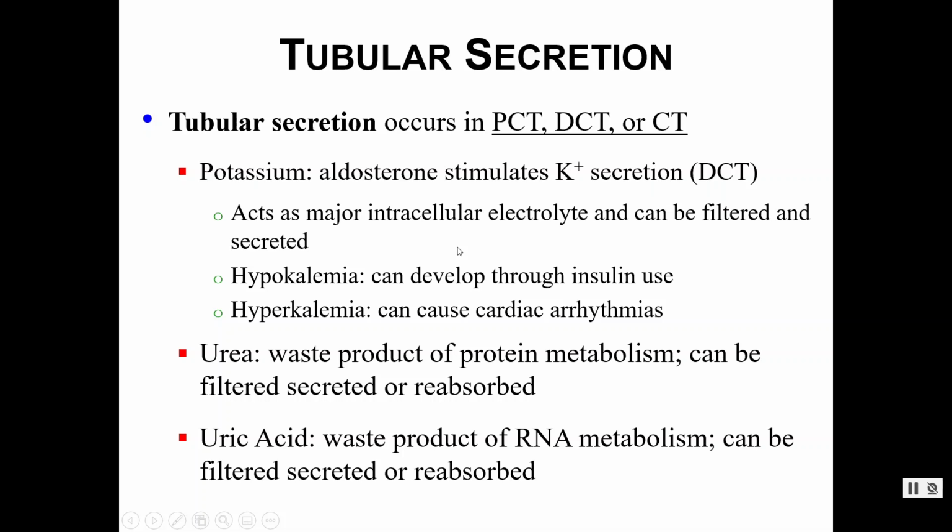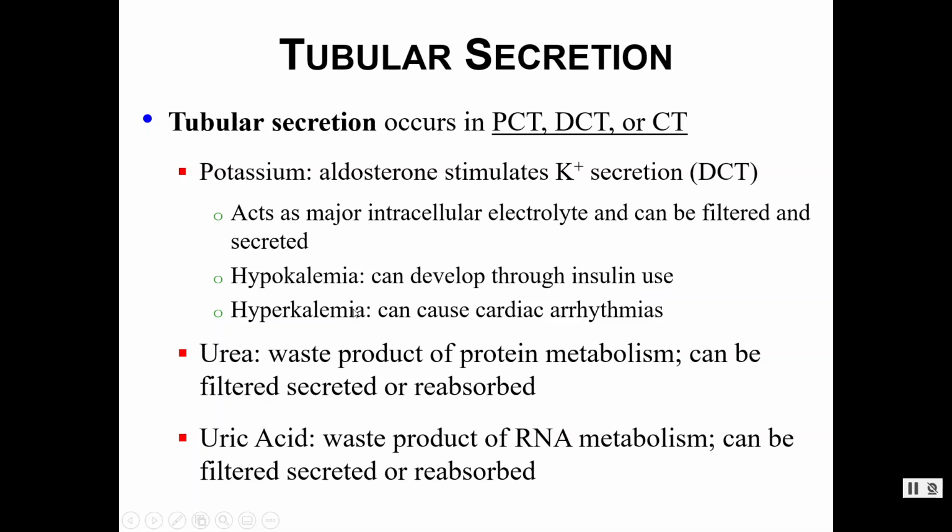Now, potassium is your major intracellular electrolyte, and it can be filtered in as well as secreted. So this really plays a role with the aldosterone specifically. You can do too little or too much of this, though. You could suffer from hypokalemia, which could develop through insulin use, so if you're diabetic, or you could suffer from hyperkalemia, which can cause cardiac arrhythmia, so heart problems.